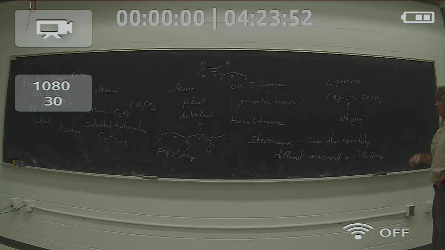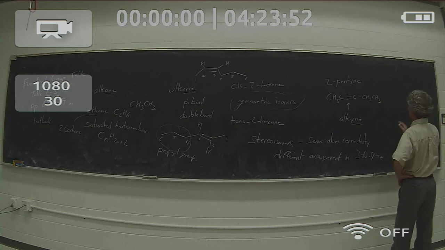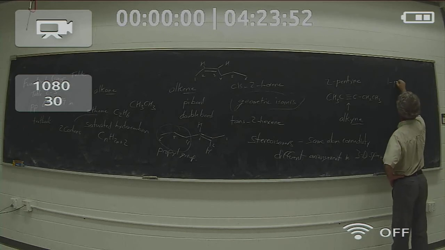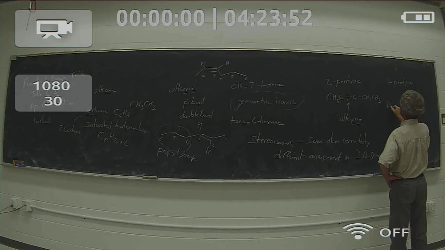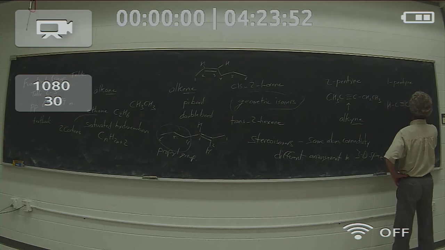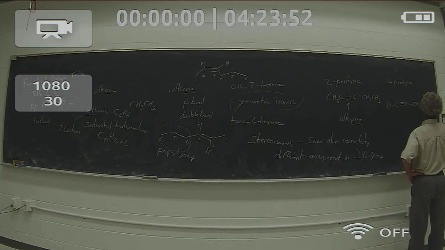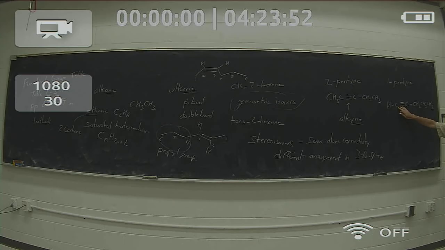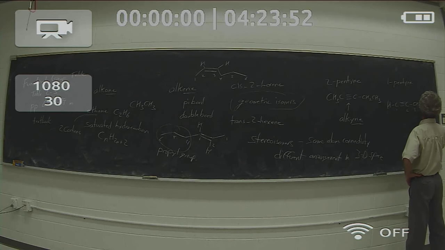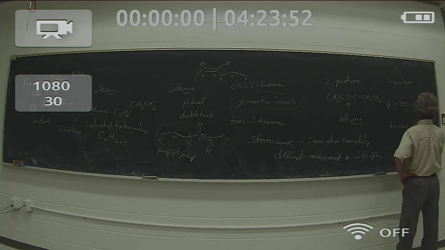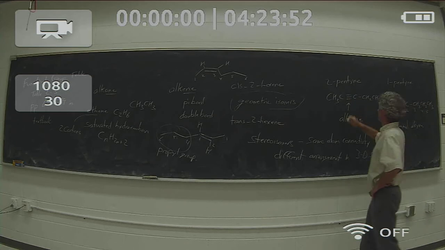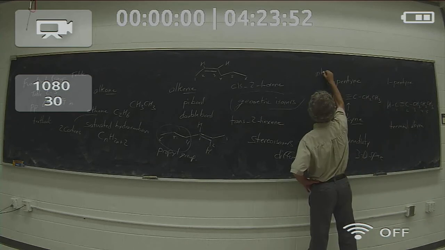A structural isomer of pentyne would be 1 pentyne. That would have a hydrogen attached to carbon on the end, and then 2 methylene groups in another group, and 1 alkyne. This is referred to as a terminal alkyne. 2 pentyne is an internal alkyne.